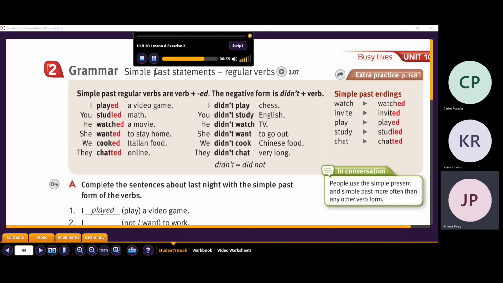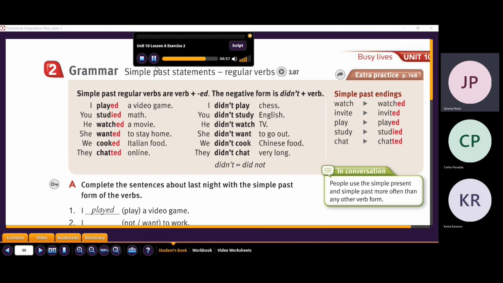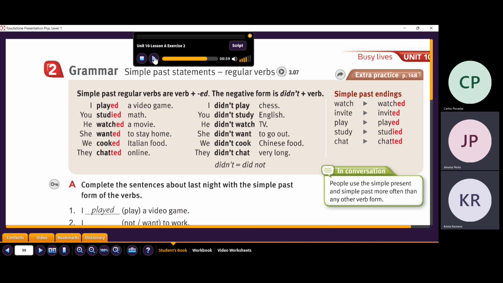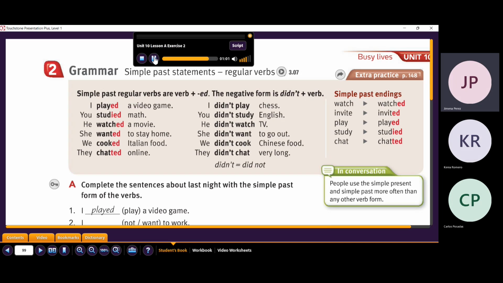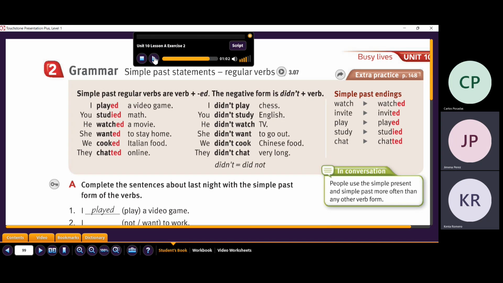Simple past endings. Watch, watched. Invite, invited.